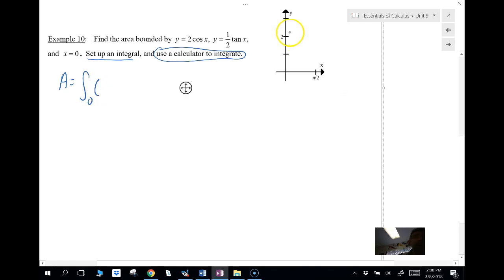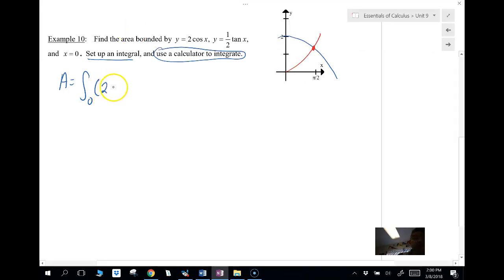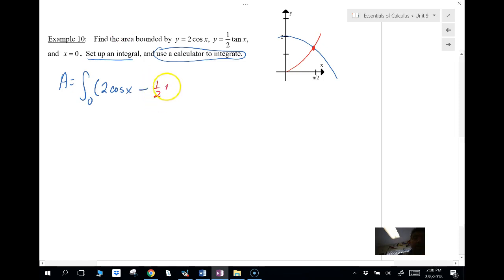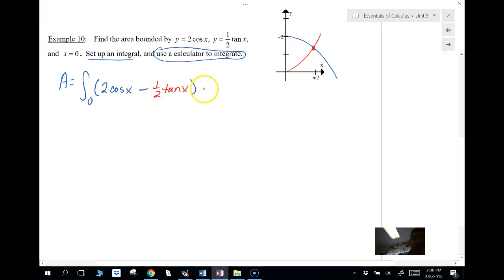The top function goes like this, and then our other function was red, it went like this, and we need to find the intersection. Our top function is blue, so our top function was 2 cosine x minus our bottom function, 1/2 tangent x dx. Right, and all we have to do now is find our intersection point.